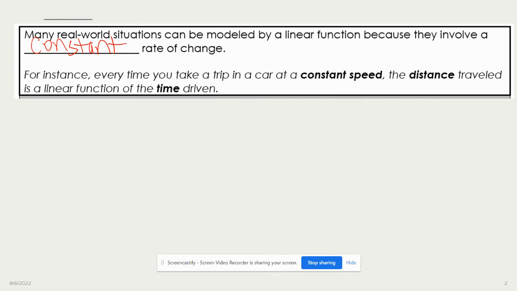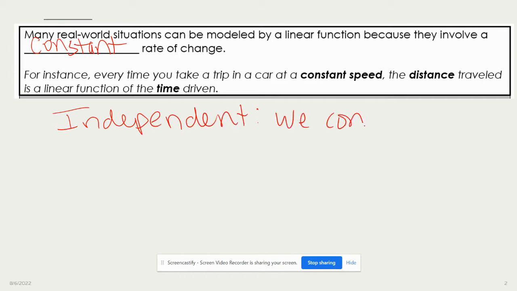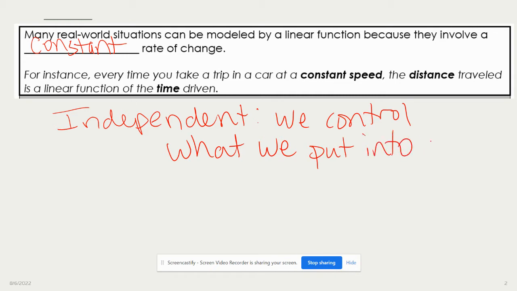Every time you take a trip in a car at a constant speed, the distance traveled is a linear function of the time given. Remember also that independent variables are the ones where we control what we put into them. It's usually x.